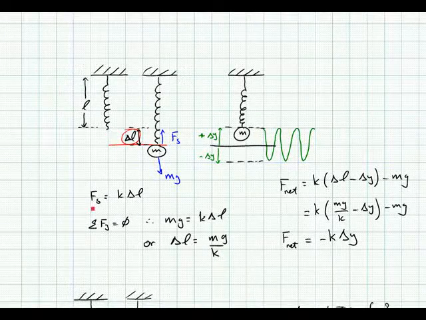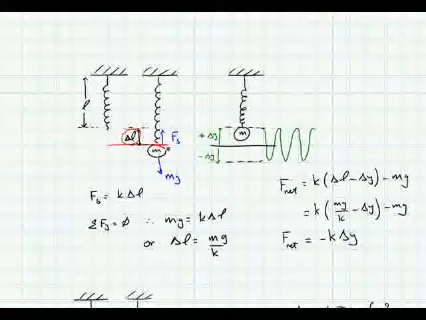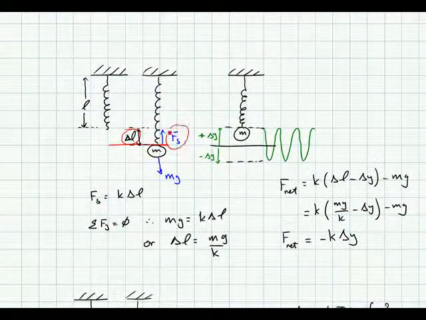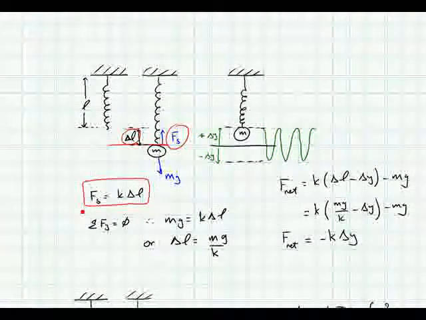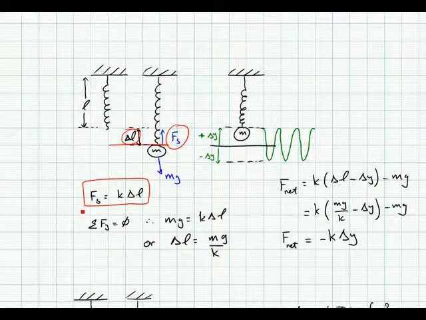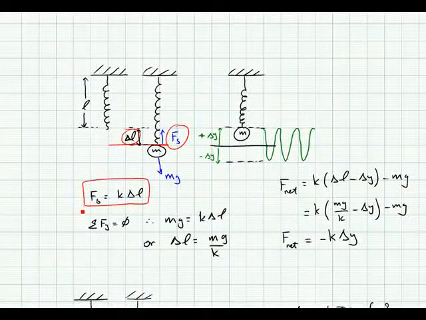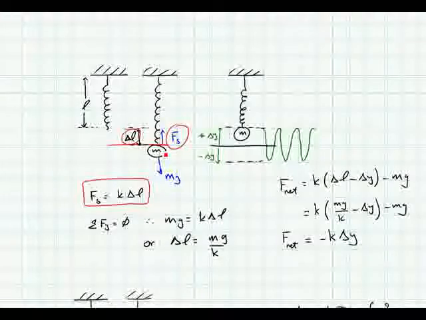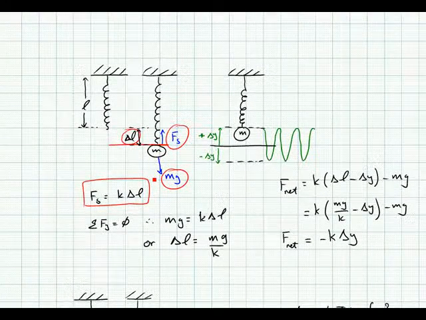Now Hooke's law says that when the mass is in this new position, the spring force, which is upwards, is given by K delta L, where delta L is the amount of extension that the spring has experienced, and the force downwards on the mass is, of course, that due to the force of gravity, which is mg.